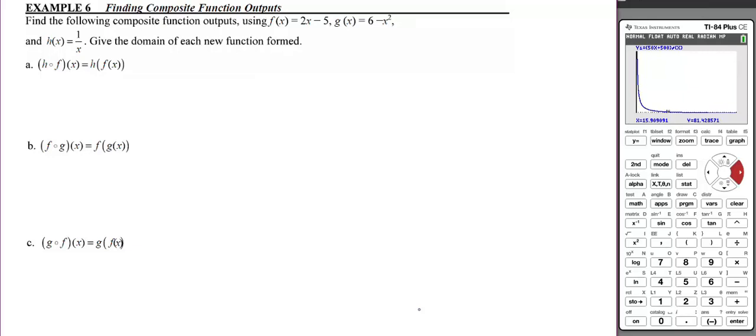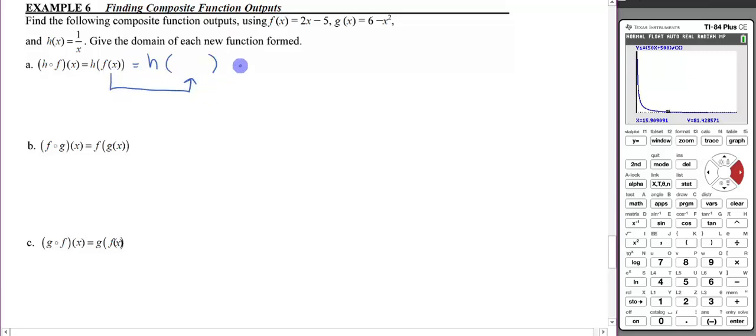Part A, h composed of f of x, which is by definition h of f of x. So instead of writing f of x, we actually put what f of x is. F of x is 2x minus 5.